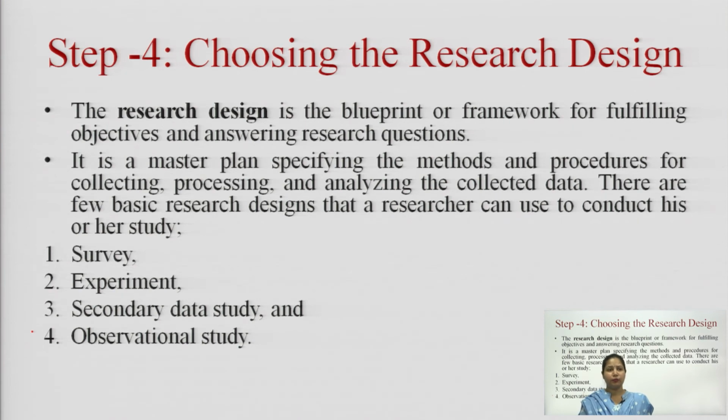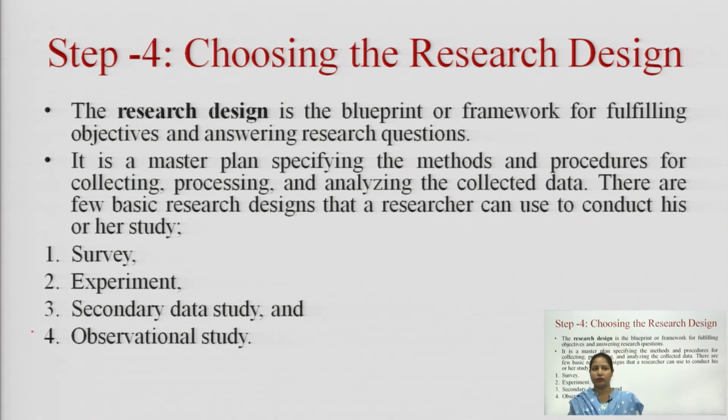There are a few basic research designs that the researcher can use to conduct his or her study. There are many methods to collect the data, like the survey method. If you collect data by using a questionnaire or schedule, that is a survey method. You can email the questionnaire, or send the questionnaire as a hard copy.